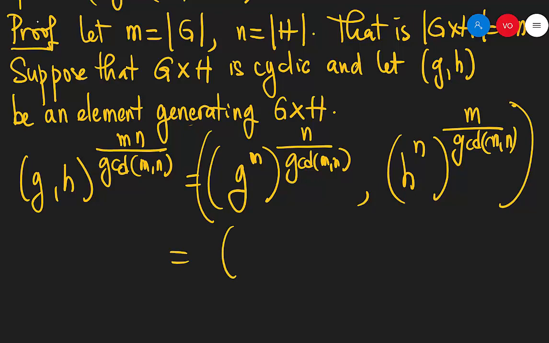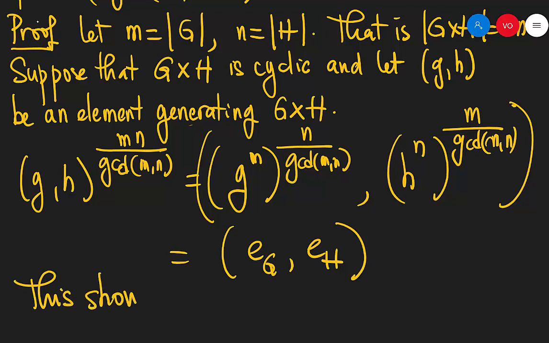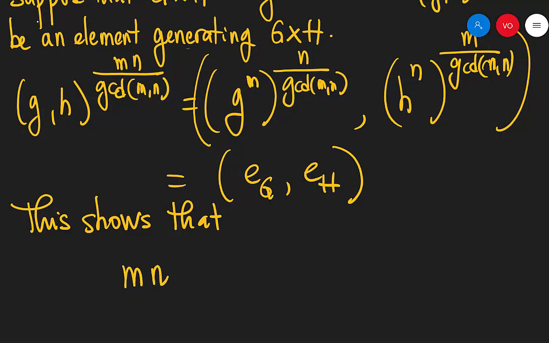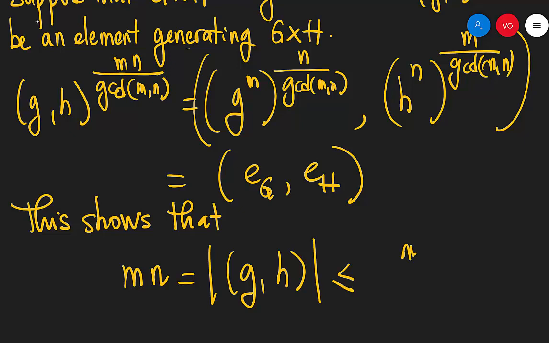Because the order of G is M, so this will be e, and then this will be the identity in H. Okay, so this shows that M times N, which is the order of (g,h), is less than or equal to M times N over the GCD of M and N.